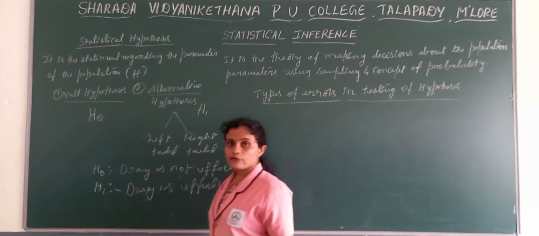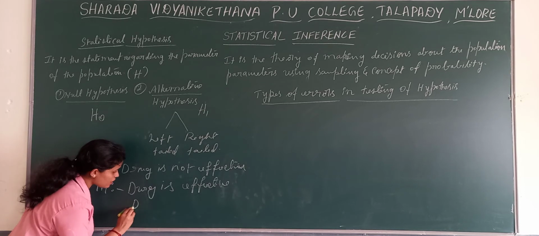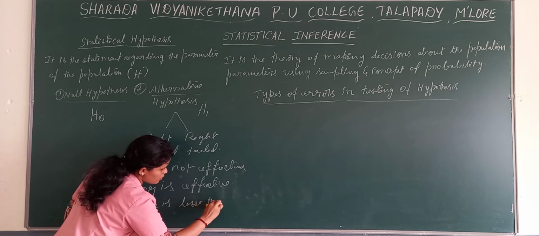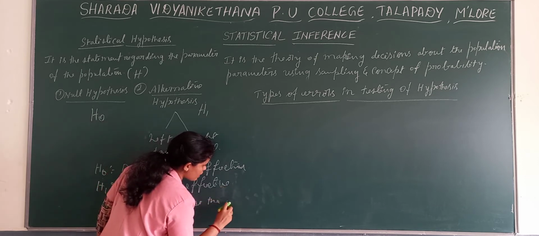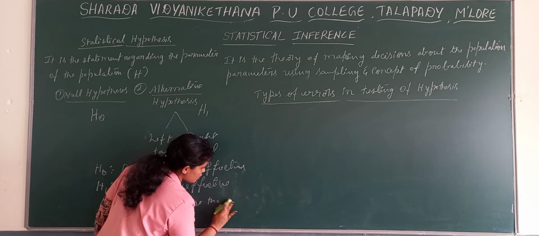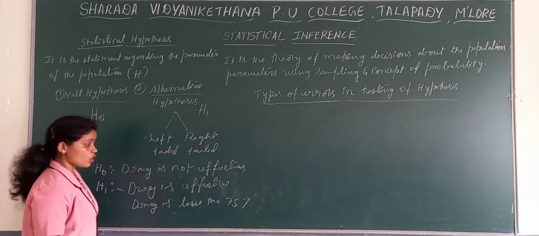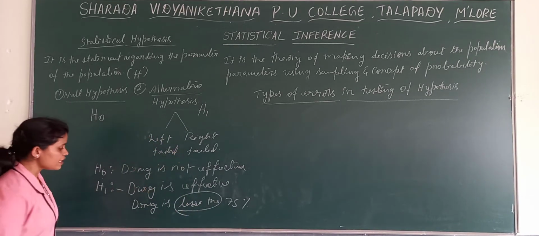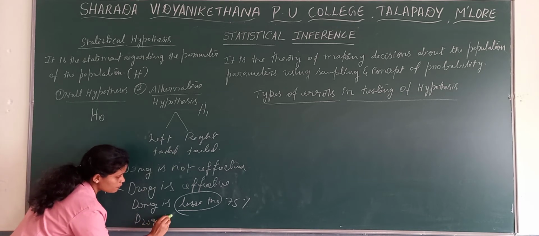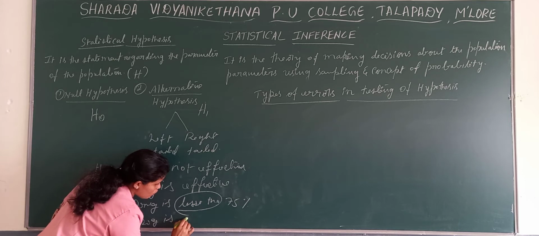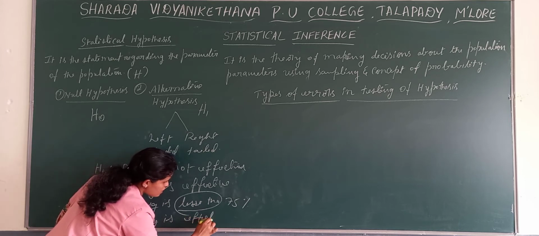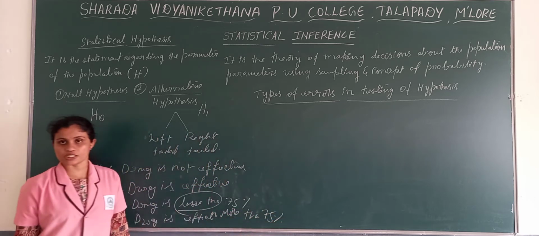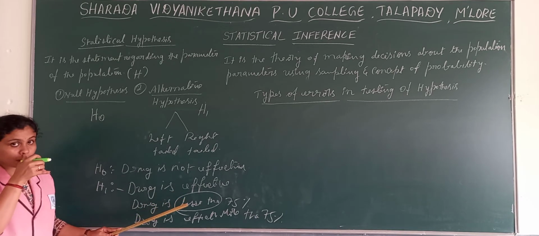If we want to set a left tail, a particular drug is lesser than some particular effectiveness, for example, lesser than 75%. That we call left tail. Right tail means a particular drug is effective more than 75%. So this is the way of setting the alternative hypothesis.